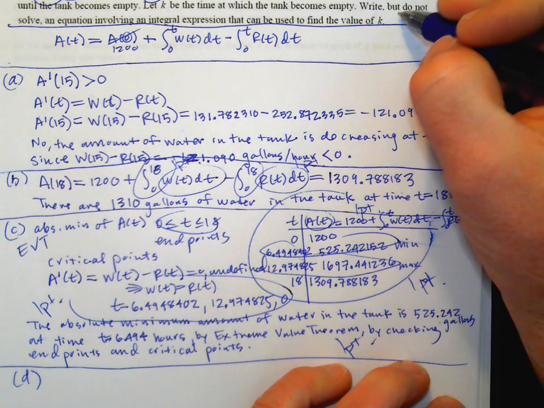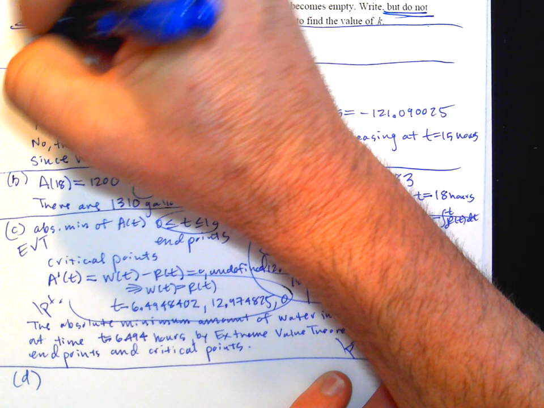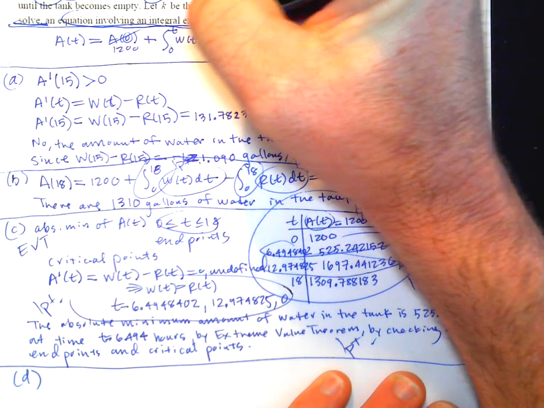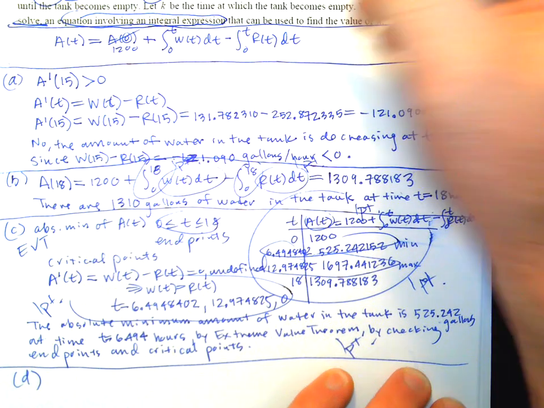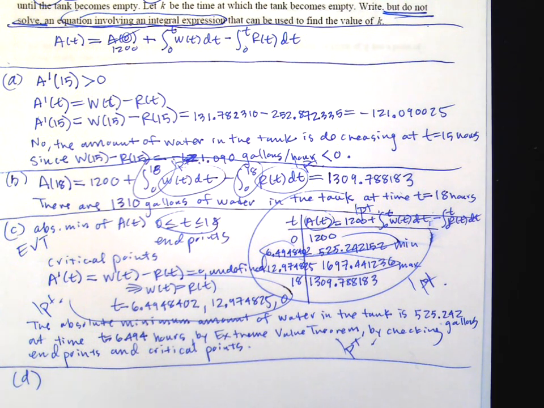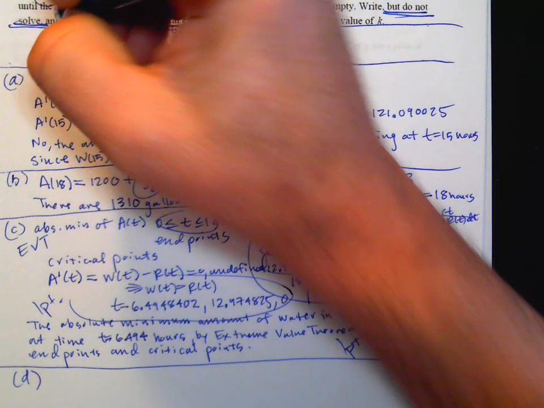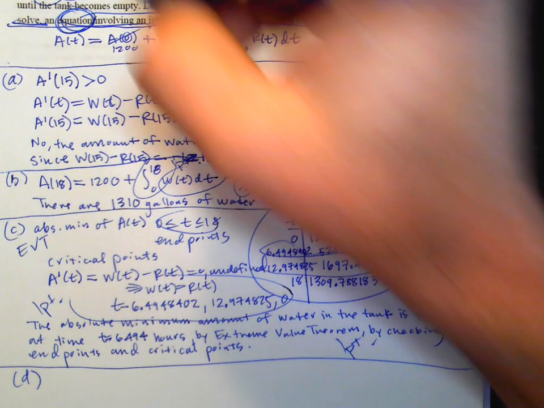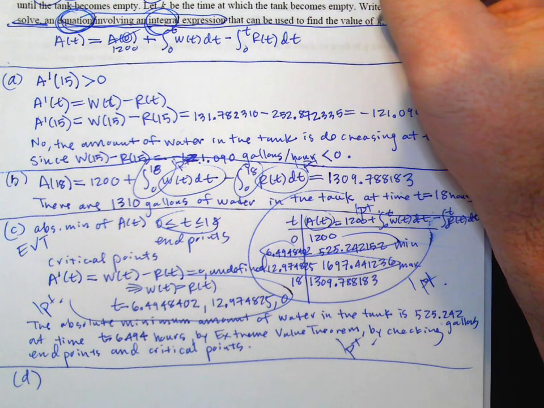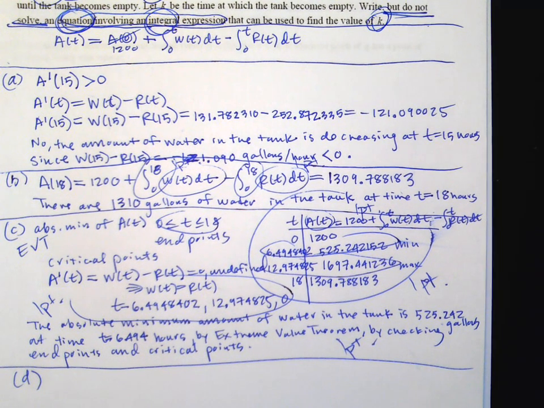But do not solve; write an equation involving an integral expression that can be used to find the value of K. So you're going to set up an equation, which should have two sides, something equals something else. It should have integrals in it. It should have K in it. And it's for everything beyond time 18.